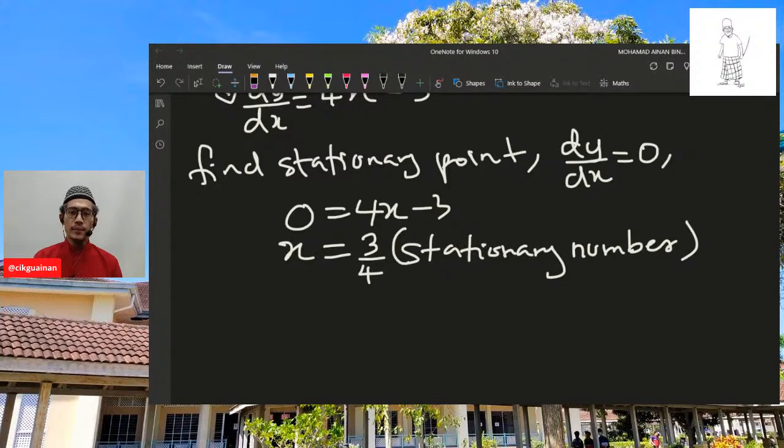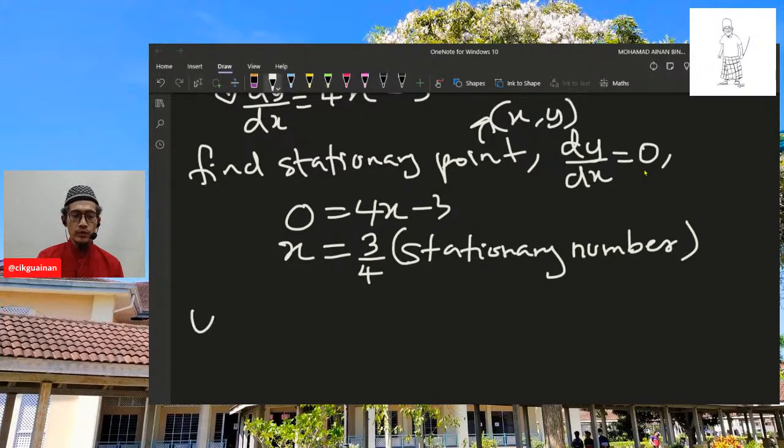Accounting students may learn partial differentiation, dealing with two variables, which your syllabus does not cover. They have to figure out x and y at the same time. Those numbers are what we call stationary numbers. We have to find the point, which consists of an x value and a y value.